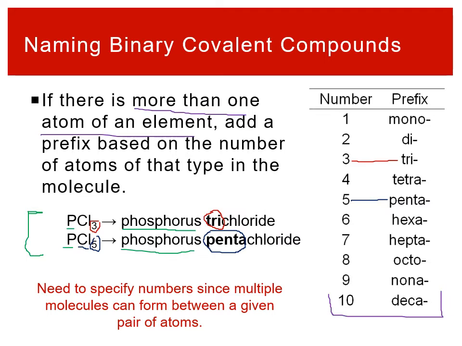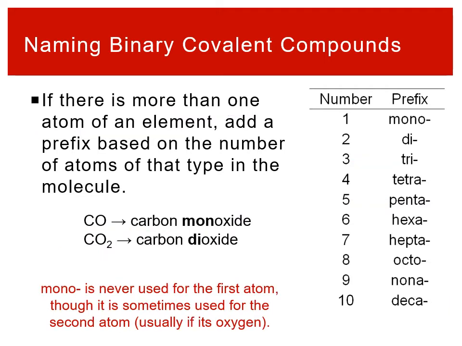One thing you'll note is that phosphorus did not get a mono prefix. Mono does mean one. Generally, we don't use mono very much, and we never use it when it's the front atom. The one time we really do use mono is when it's the second atom, and really only when it's oxygen.